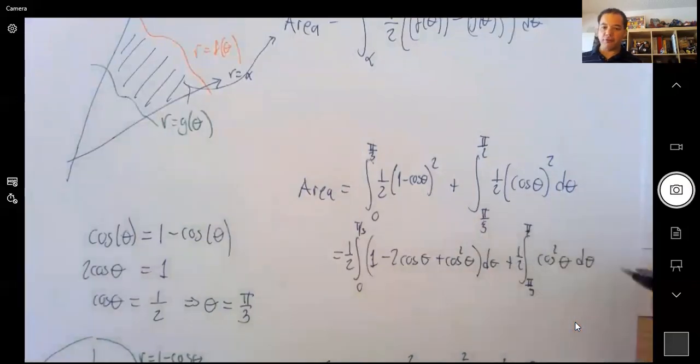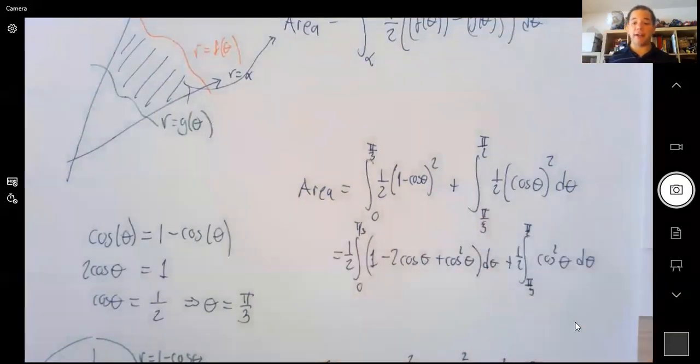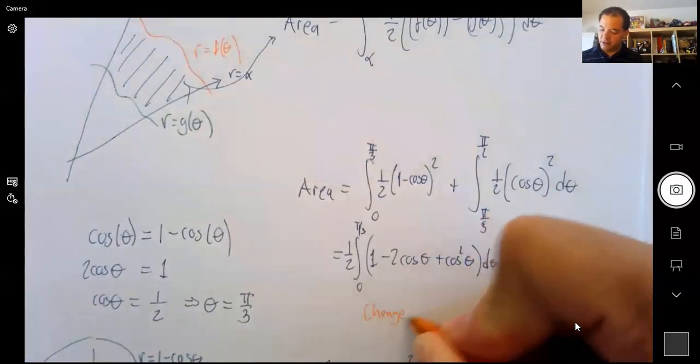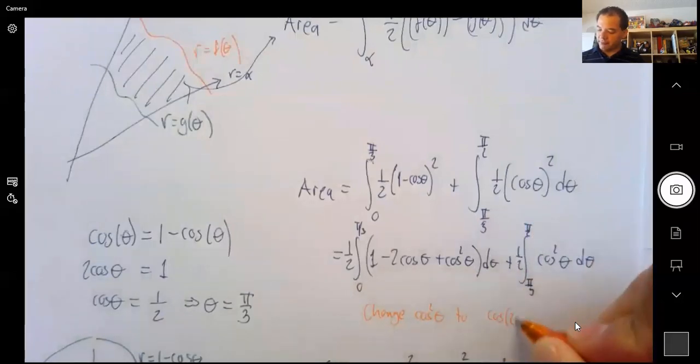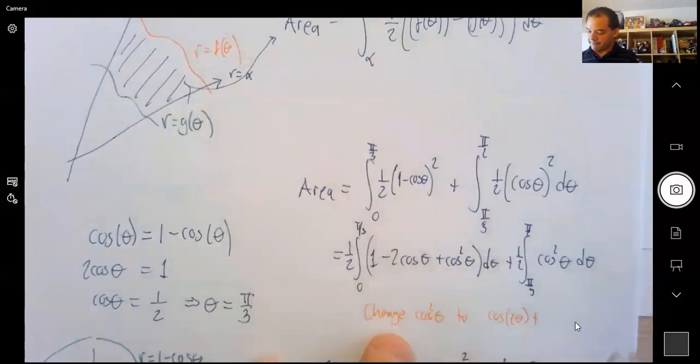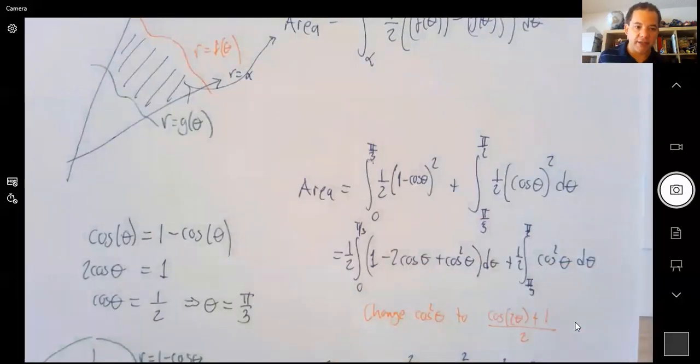And they're all straightforward. The only one that is a little bit hard is cosine squared. You need to use the half angle identity, right? So change cosine squared theta to cosine 2 theta plus 1, divided by 2. That's the way you can deal with the cosine squares, and then everything should be easily integrable.